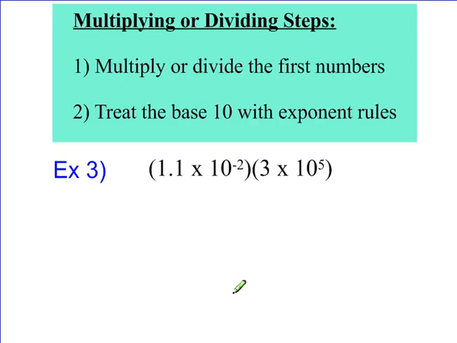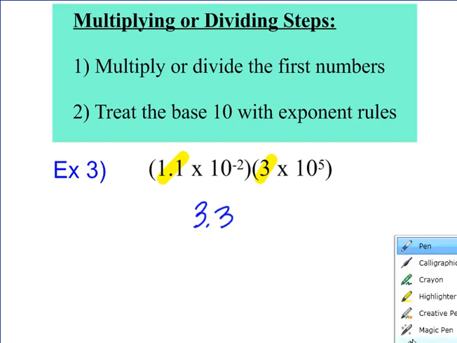Now let's take a look at multiplying and dividing. Here we have 1.1 times 10 to the negative 2 and 3 times 10 to the 5th. We have to remember that we're looking at this a little bit differently. We're going to multiply or divide the first numbers. 1.1 times 3 is 3.3. Then we're going to treat the base 10 with exponent rules.